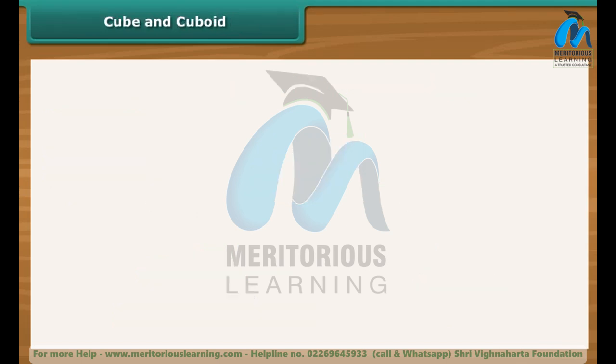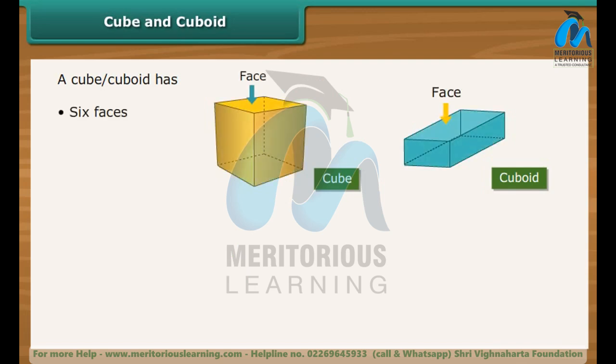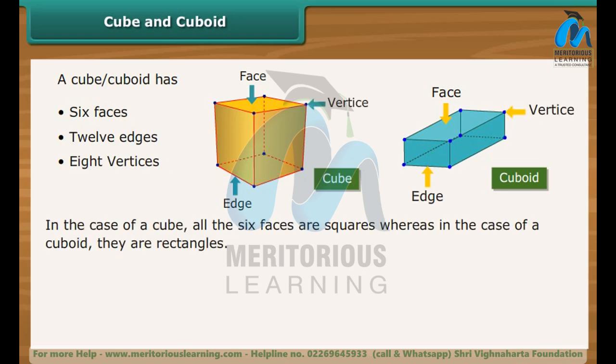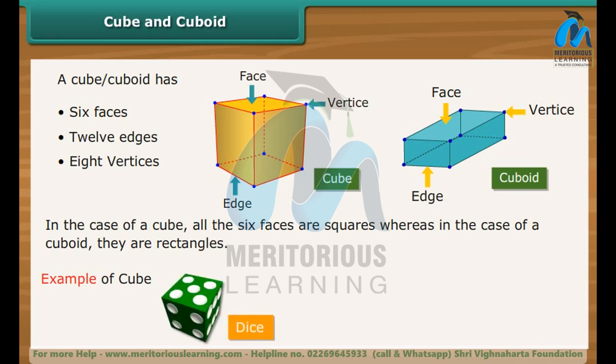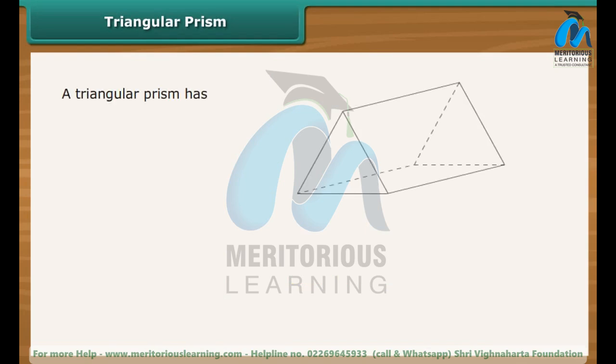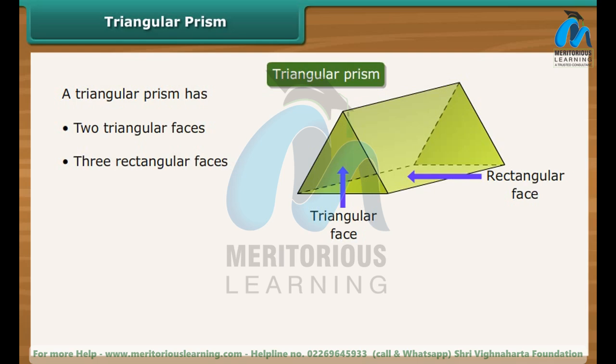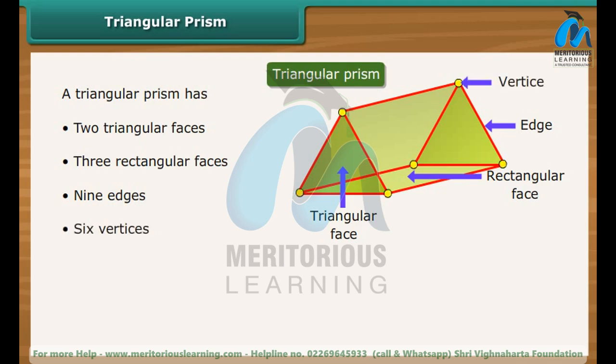Cube and cuboid. A cube or cuboid has 6 faces, 12 edges, and 8 vertices. An example of a cube is a dice. An example of a cuboid is a book. Triangular prism. A triangular prism has 2 triangular faces, 3 rectangular faces, 9 edges, and 6 vertices.